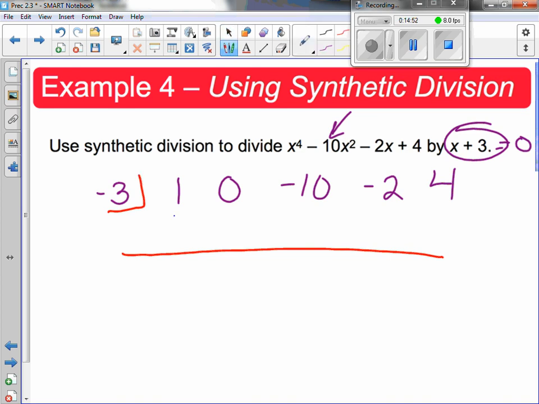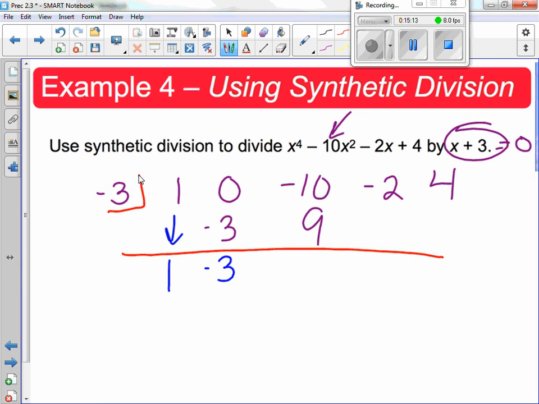Our next step is we drop the first number. Negative 3 times 1. Add. 0 plus negative 3. Negative 3 times negative 3. Almost. Negative and negative.